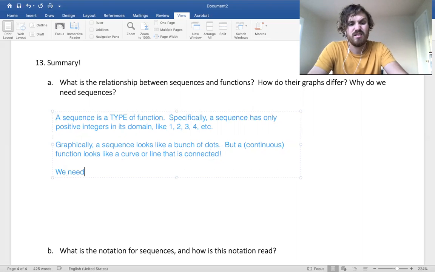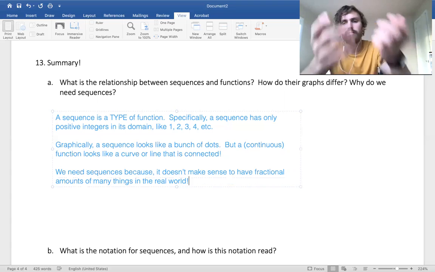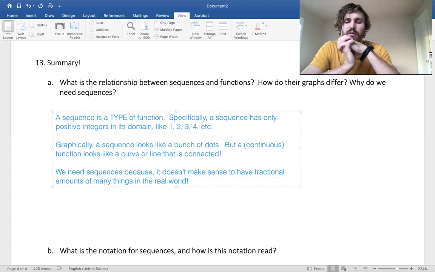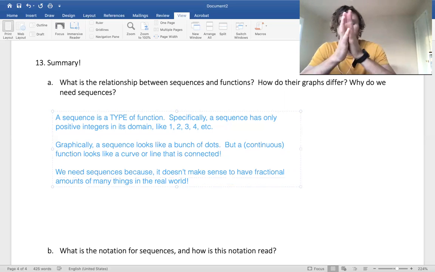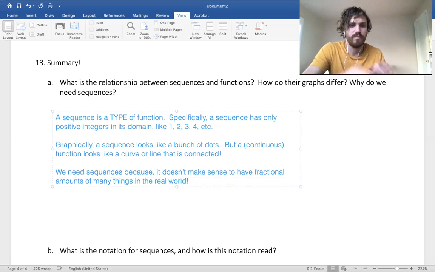We need sequences because it doesn't make sense to have fractional amounts of many things in the real world. So for instance, people don't really want to have half a person. Cars, you don't really have half cars. There's lots of things that you really don't want half of or a fraction of, and so it makes more sense to just have whole positive integers.